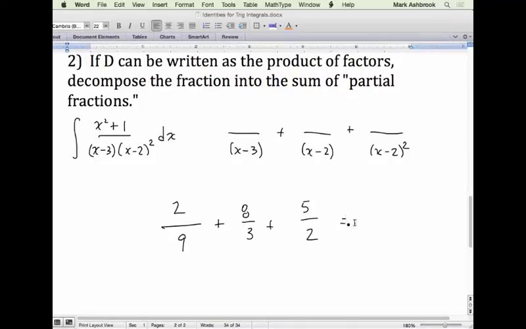Your least common denominator is the least common multiple of all these. 18, right? Which would be 3 squared times 2. So I've got a 2, and I've got just a 3, that's possible, and then I've got a 9, which is 3 squared. So it's the same idea here. Does that help?